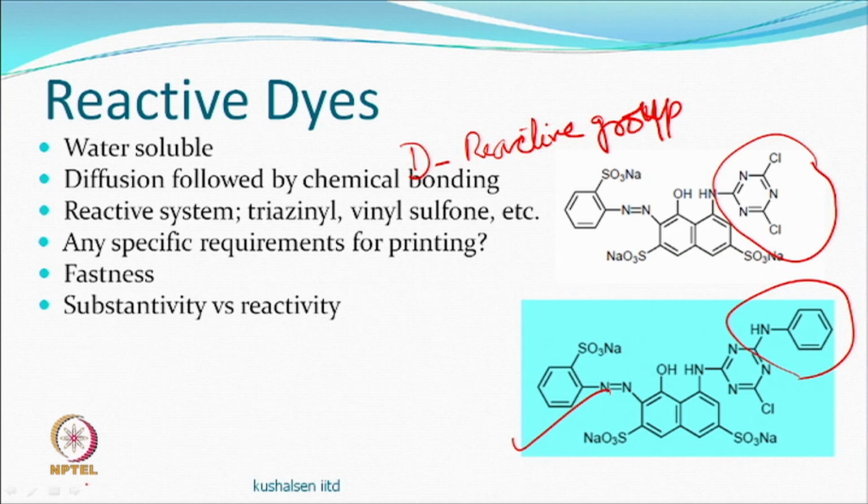Then this question of substantivity versus reactivity. So, you want it reactive, again moderate, like you said, I do not want a dichloro. Substantivity also moderate, that if at all it has hydrolyzed and is available when I do a good amount of washing, it should come out, so that the customer does not complain, it should come out while you are processing.